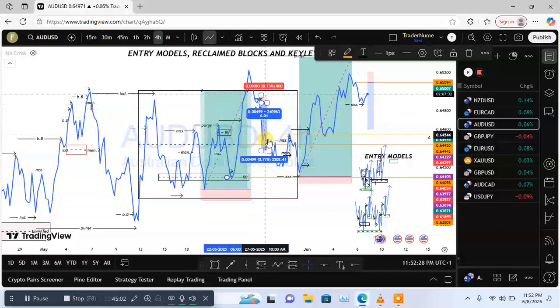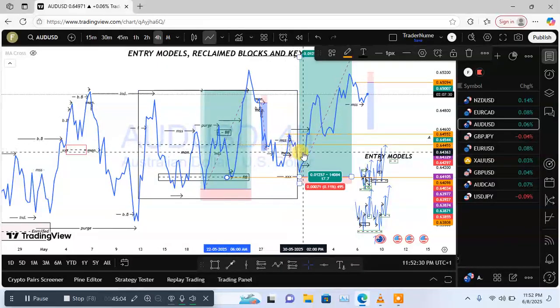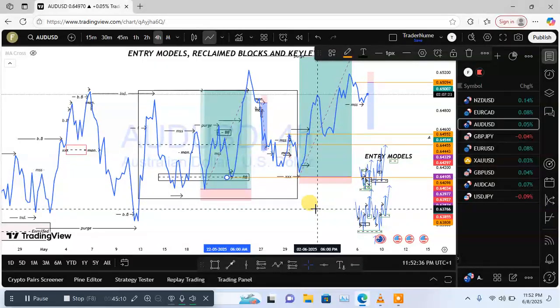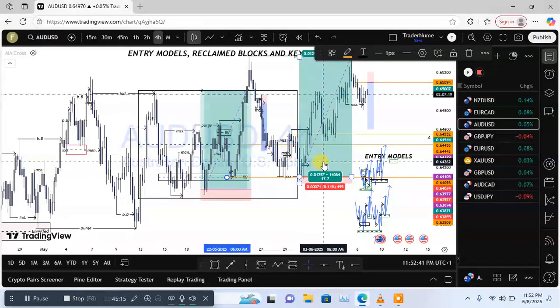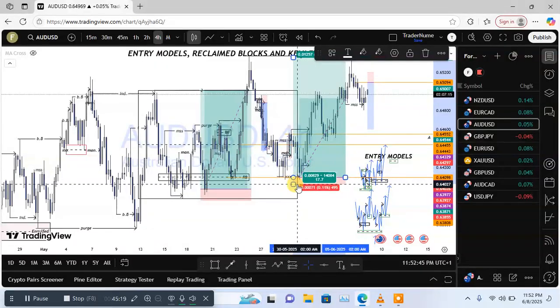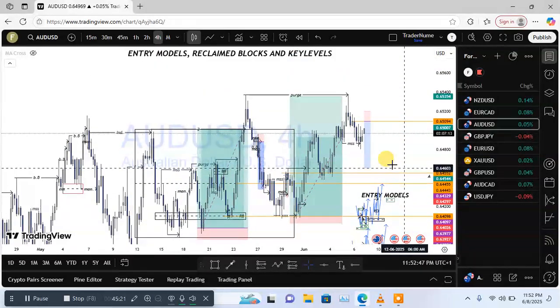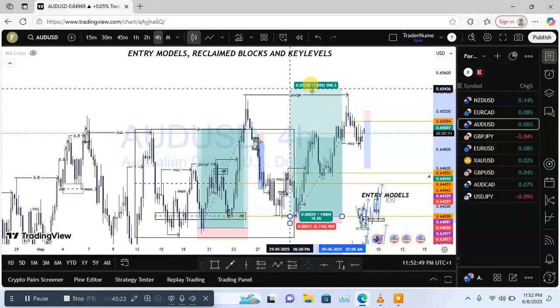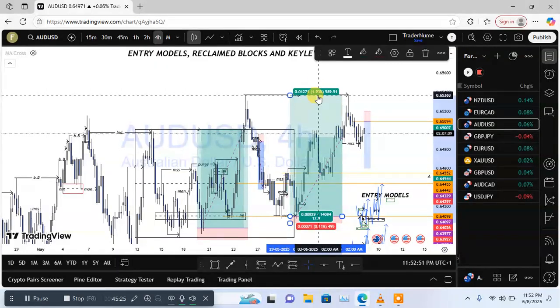We know that price will get to our discount zone and give us a reaction, but our key level can still tell us that price will come down to that key level and react. So for precise price action, you see how price came down to that key level and reacted and did not go beyond that point and started buying. So price bought and cleared this high, right?